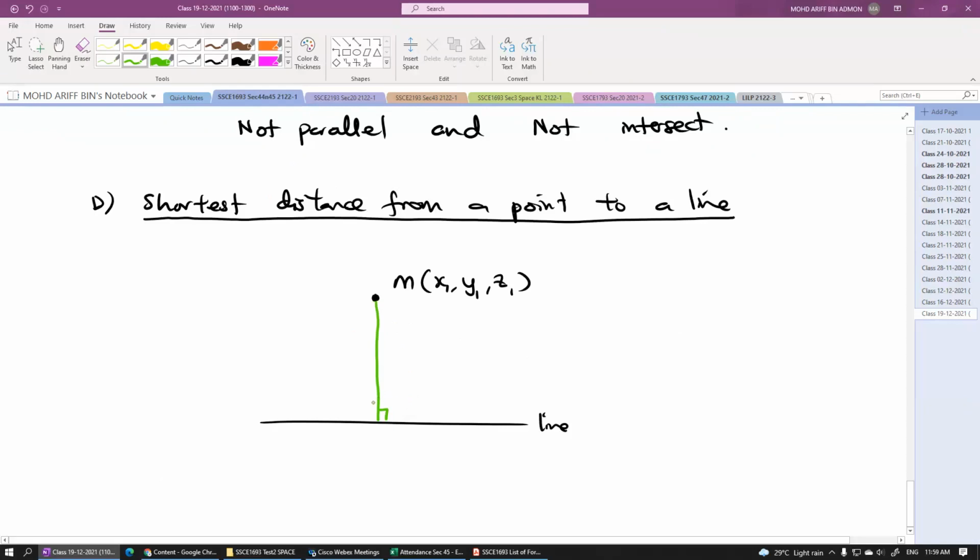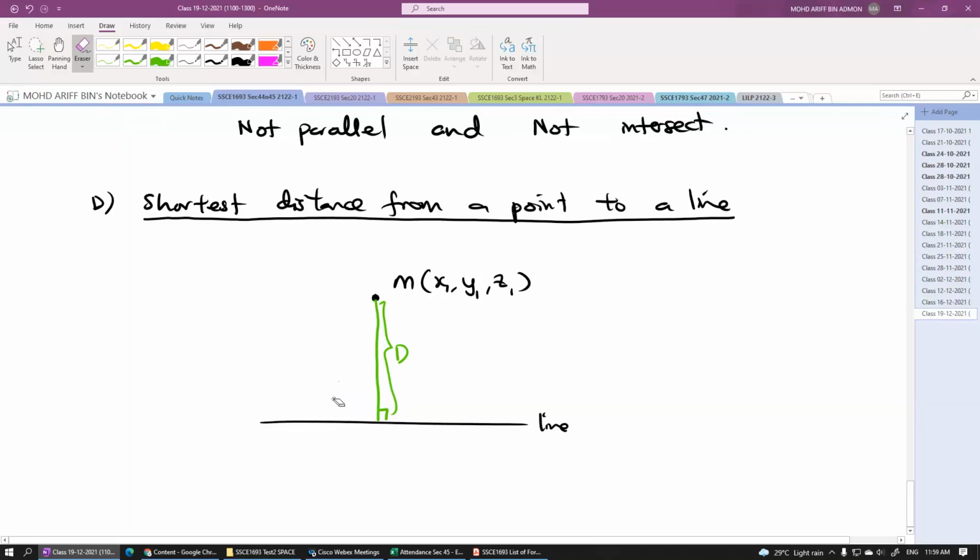That is the shortest distance, D. If you are having a little bit of slope over there, not 90 degrees, the distance is larger compared to this 90 degree distance. So it must be 90 degrees. That's the characteristic of the shortest distance.